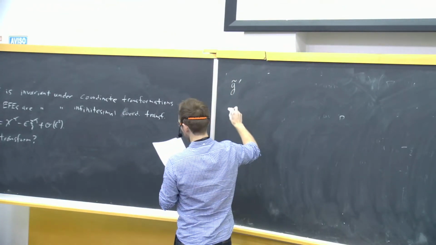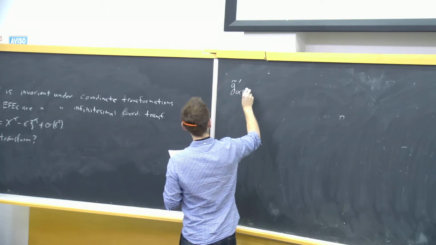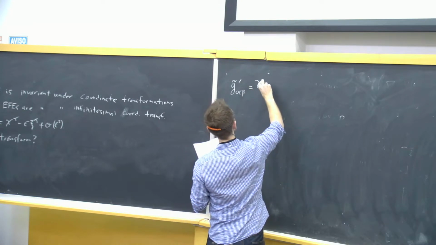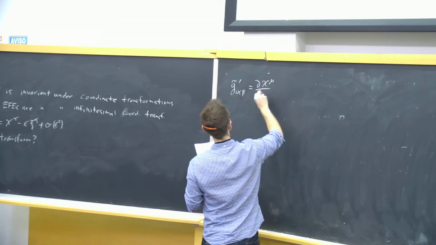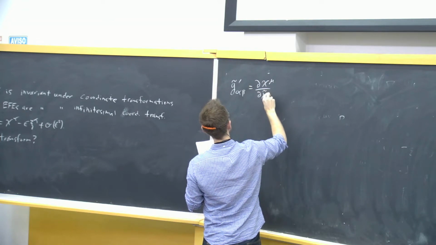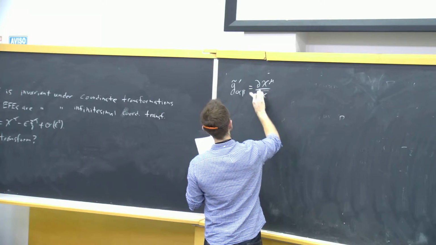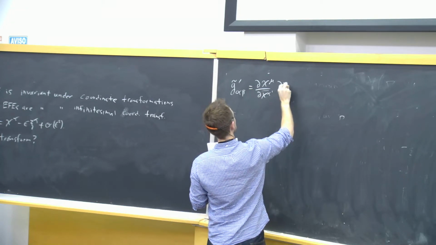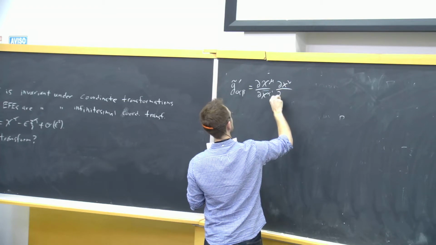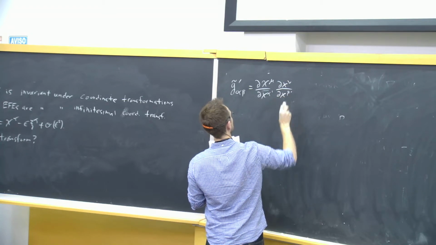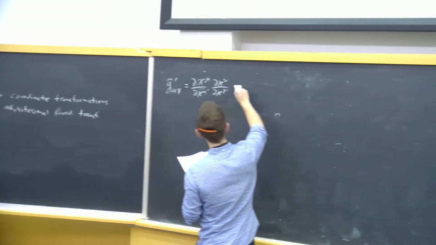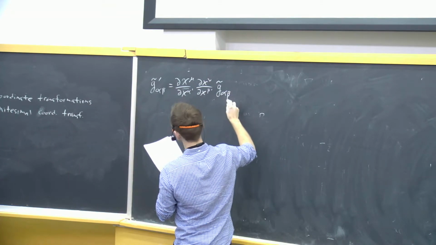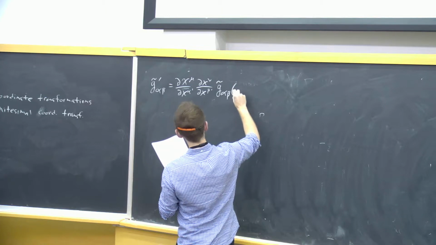So in the new coordinate system, g tilde is dx mu dx alpha prime times dx nu dx beta prime, multiplying g tilde in the old coordinates.